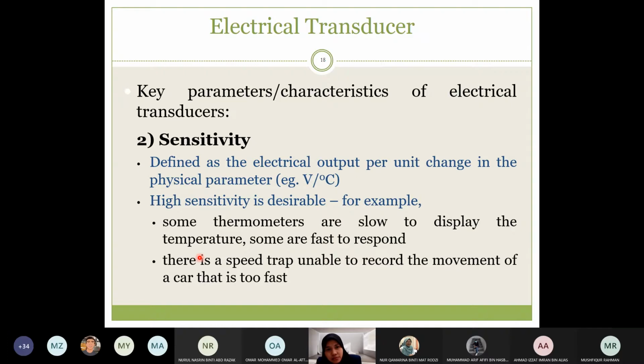So a sensitive transducer must respond quickly to the measurement. The other example is a speed trap unable to record the movement of a car that is too fast.